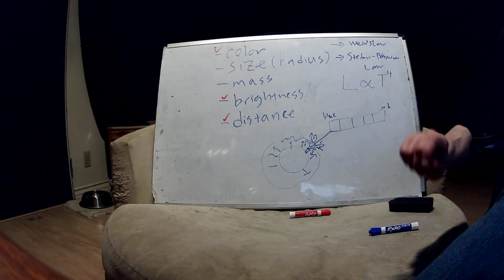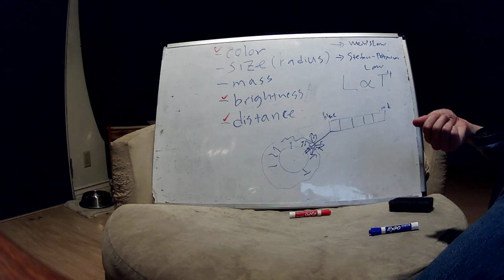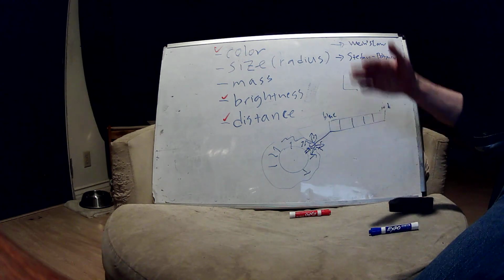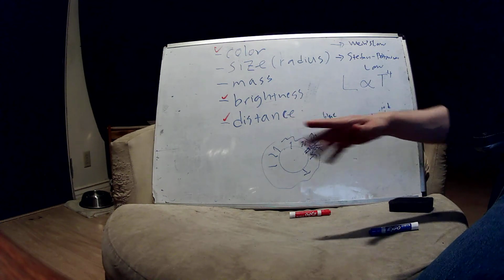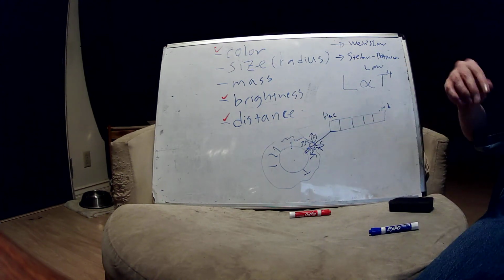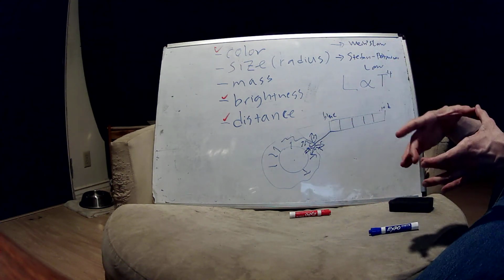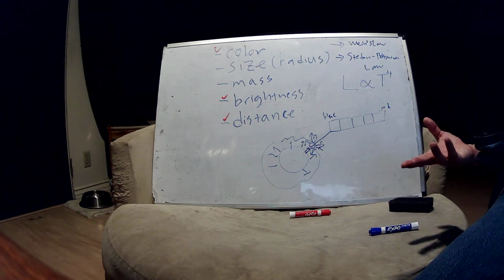Just like if you turned on your electric stove, the hotter it gets, the brighter it's going to be. Wien's displacement law says that it's going to be blue in color, but the Stefan-Boltzmann law says that the hotter that electric stove is, the brighter it's going to be.